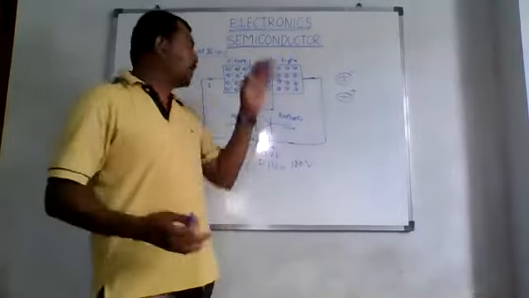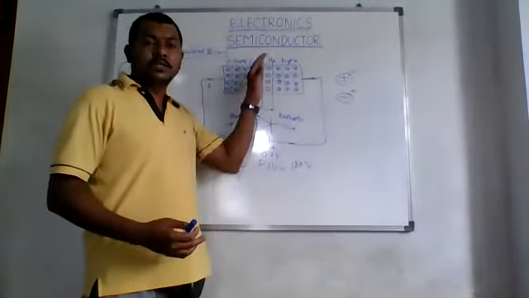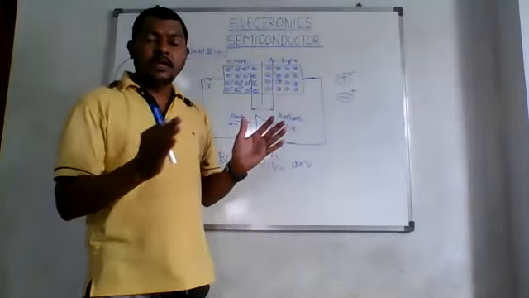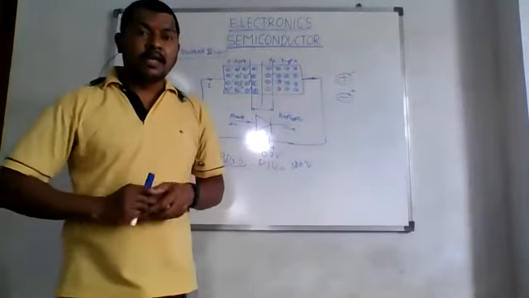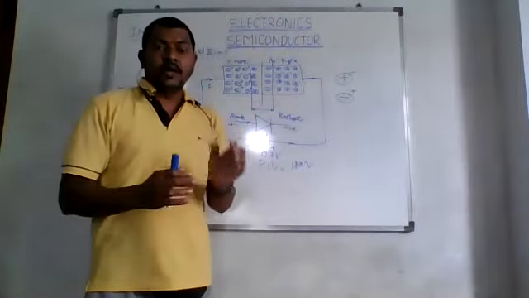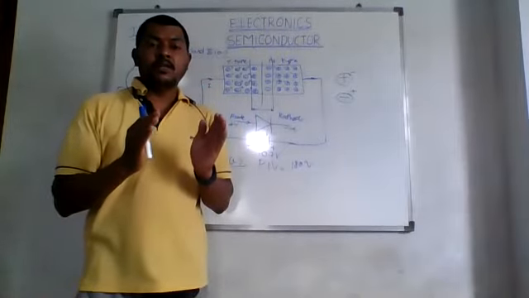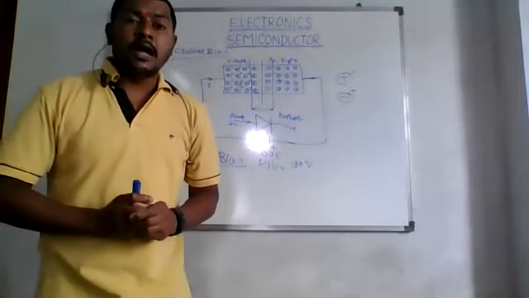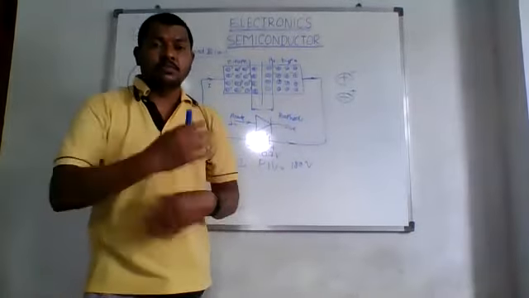So many electrons are available in this depletion layer that it suddenly breaks, right? And that is called the avalanche breakdown. Remember this. When there is a breakdown in reverse bias condition in a simple PN junction diode, we call it avalanche breakdown.